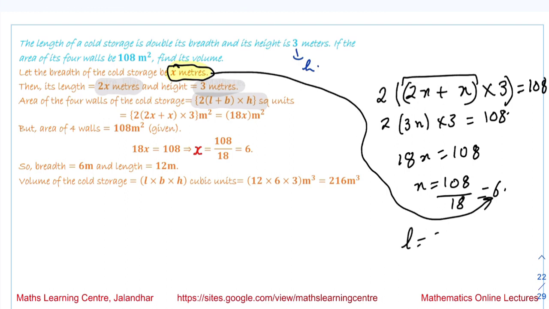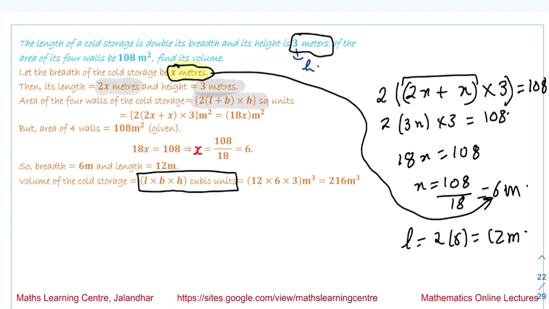Length is 2 into 6, which is 12 meters. Breadth is 6 meter. Height is given to be 3 meters. So the volume of the cold storage is length into breadth into height, which is 12 into 6 into 3. So the final answer is 216 meter cube.